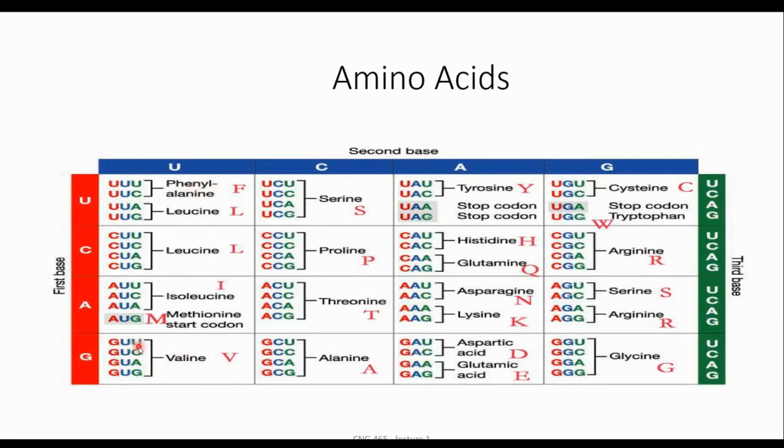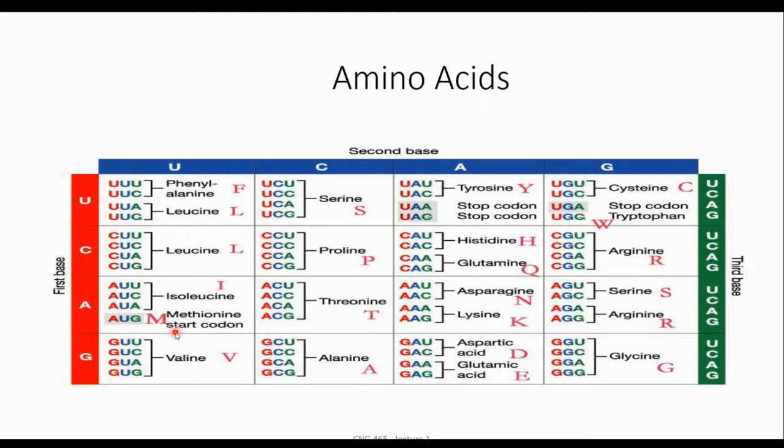Or for example, GUU will be translated into valine. So you see, some different codons, triplets like this, will create the same amino acid. So this table is very useful for knowing from which codon we can reach which amino acid.